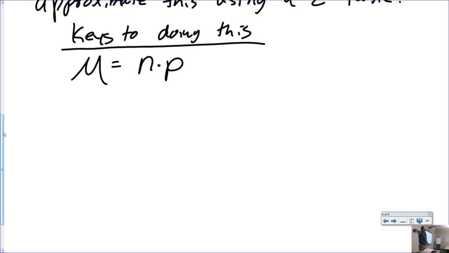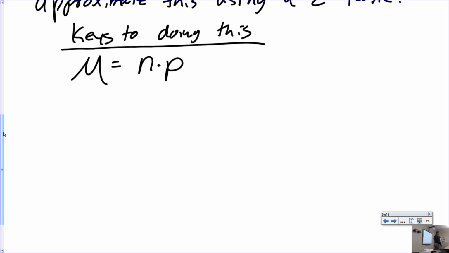One of the things that we need in order to use our z-tables is a mean for our probability distribution. The probability distribution mean is just going to be calculated by taking n times p. That should make sense, because if 10% of the students wear a hat, and you've got 150 students, how many students do you expect to show up with a hat? 15.